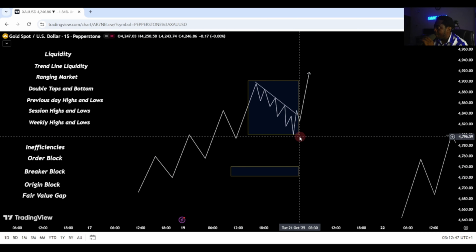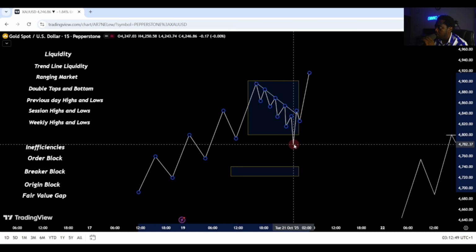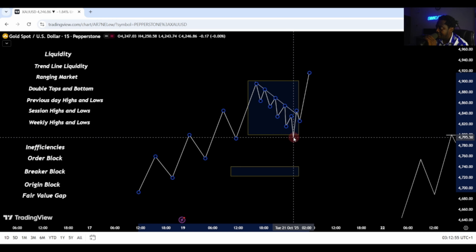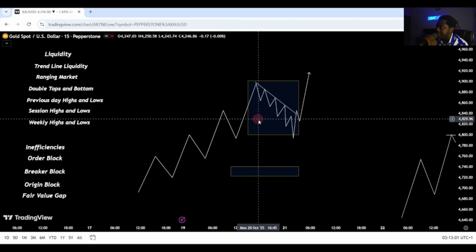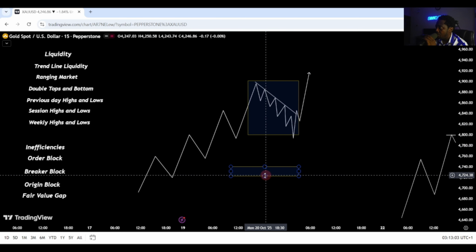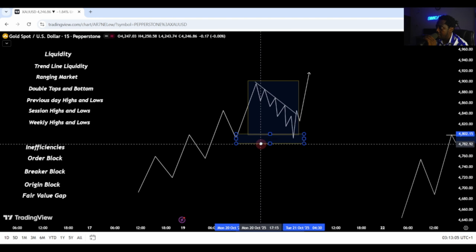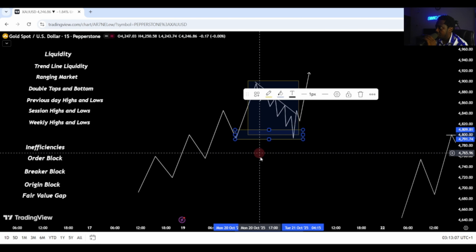So if price closes below the origin block, that means it is a shift of structure. But if price did not close below the origin block, it means this entire bullish market you're seeing here is still valid. So now I will have to bring this marker back to this place.